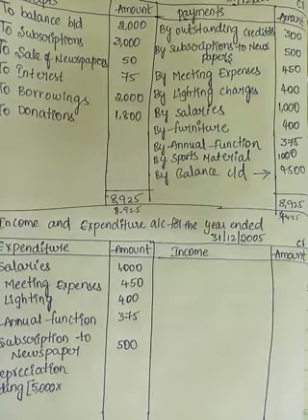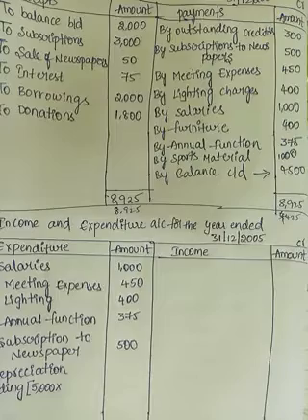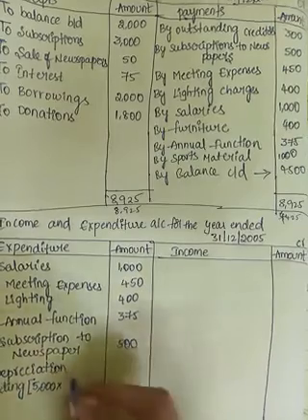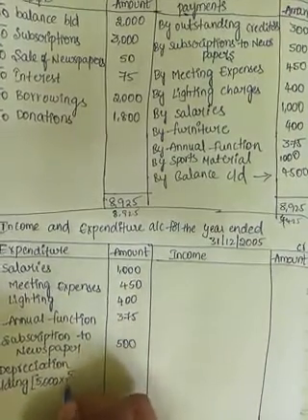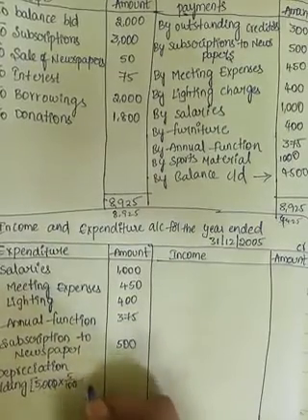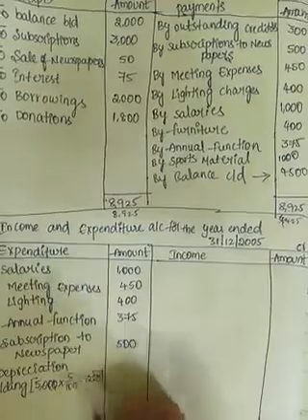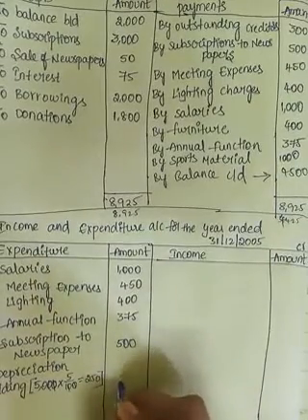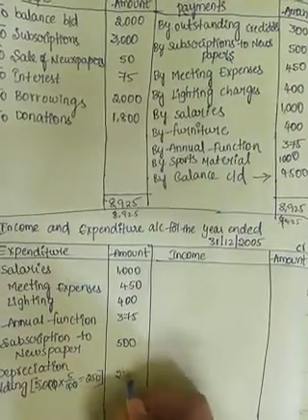The value of buildings is 5000. The percentage is 5%. That is 5000 into 5 by 100, 250. Depreciation on buildings is 250.